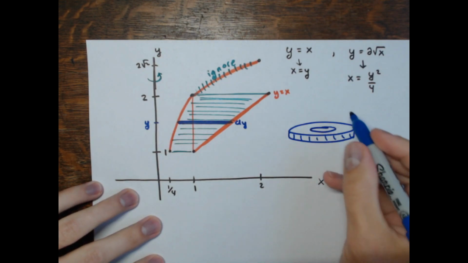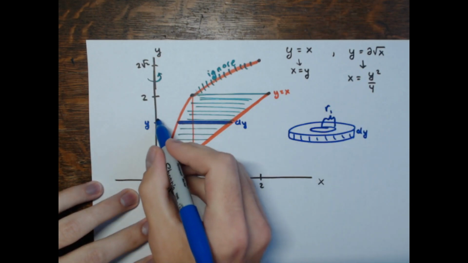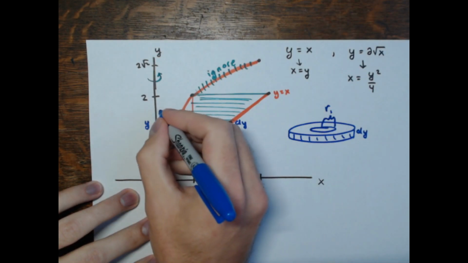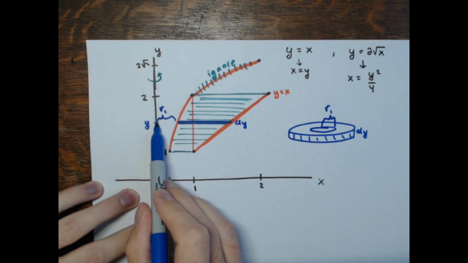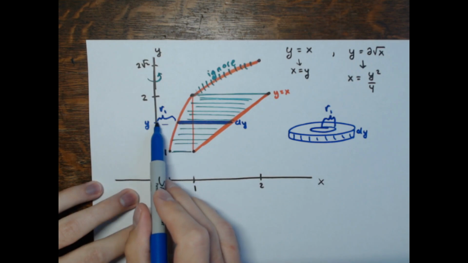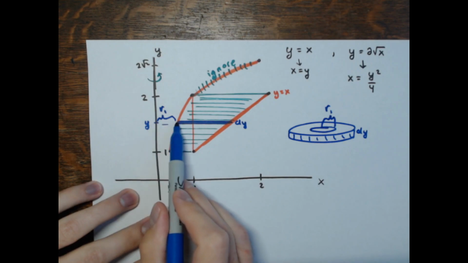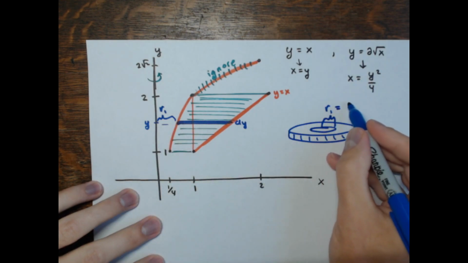Thickness dy, and the inner radius would be this distance here, from the y-axis to the right to this point on the left curve. That's the x coordinate of that point, but I want it in terms of y. On that curve, x is y squared over 4.